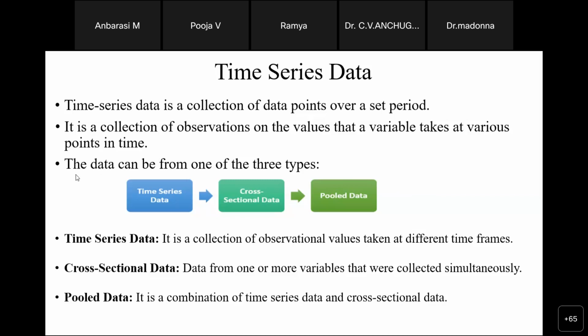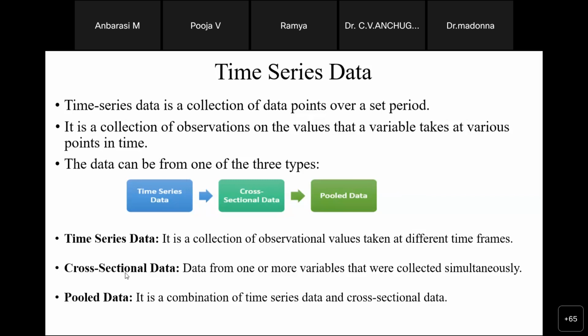The data can be of three categories: one is time series data, then cross-sectional data, and then pooled data. Time series data is a collection of observational values taken at different time frames. At different particular times, the values keep being collected, so we call it time series data.